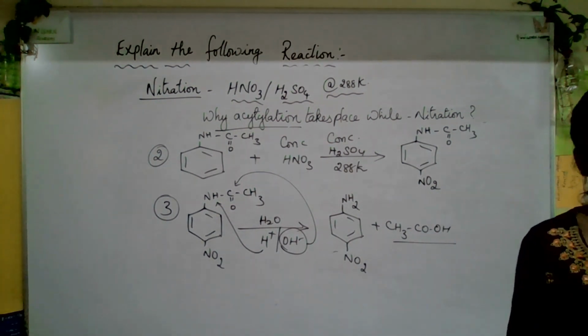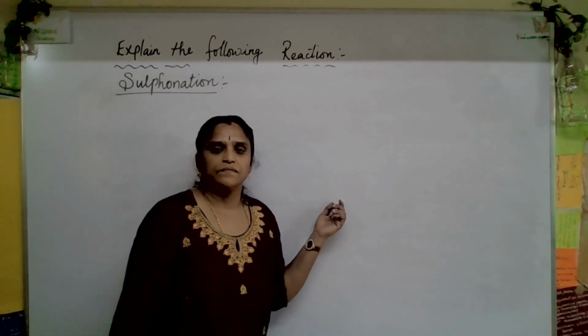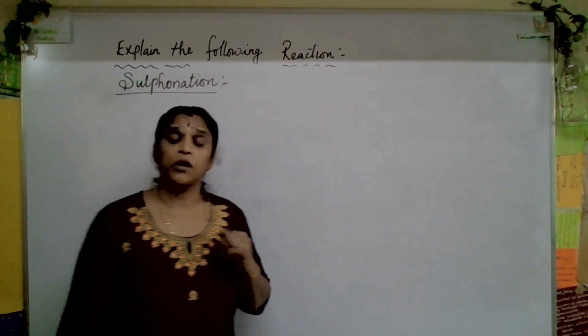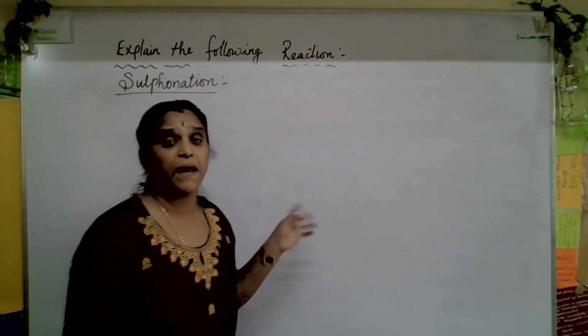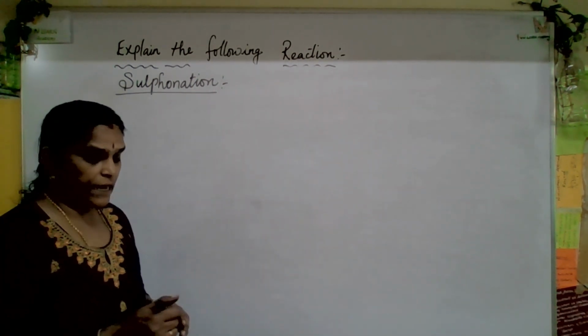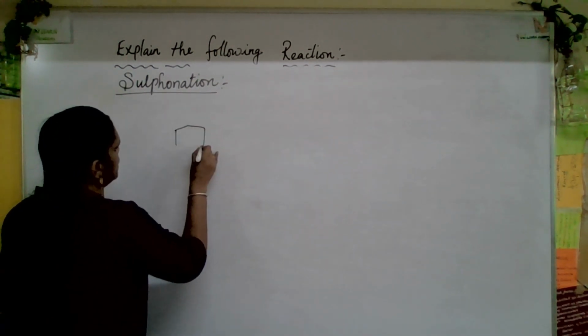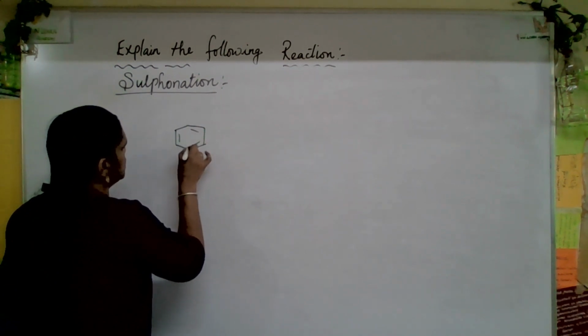Okay, let us go for sulfonation. The next more important question, sulfonation, a 3 mark question. Many times they asked, explain about sulfonation from aniline. Let us go for the explanation. Here NH2 combined with the benzene ring.